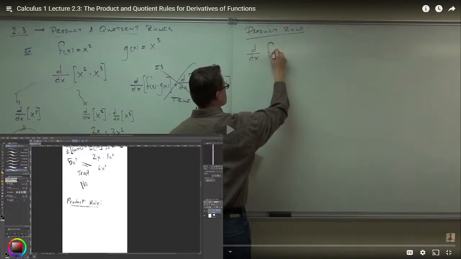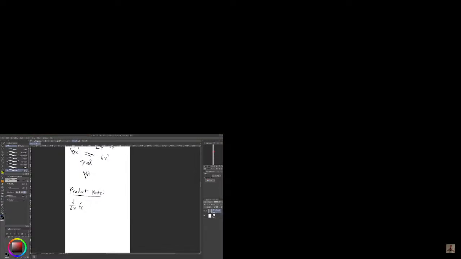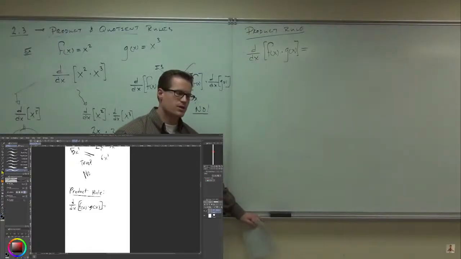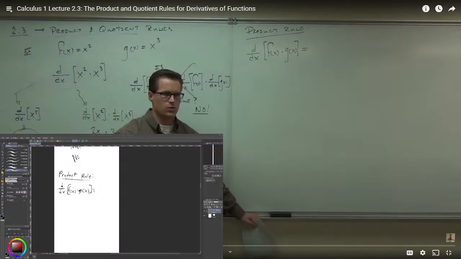What do you do if you have one function times another function and you're trying to find the derivative of those things? Here's what you do. This is our rule. If you want the proof of this, come and see me. I'll give it to you. It's a little bit too long for our class. I usually will prove the things, but I'm not going to prove the quotient rule or the product rule for you, unless you just come and see me, okay?